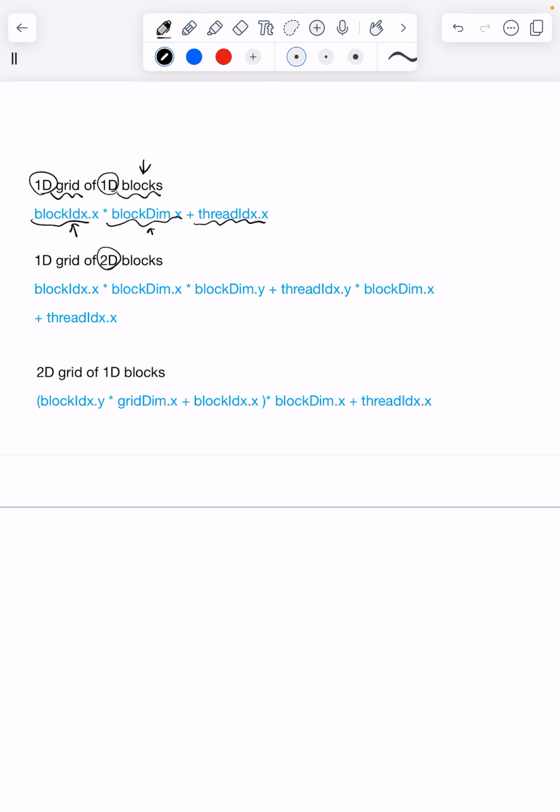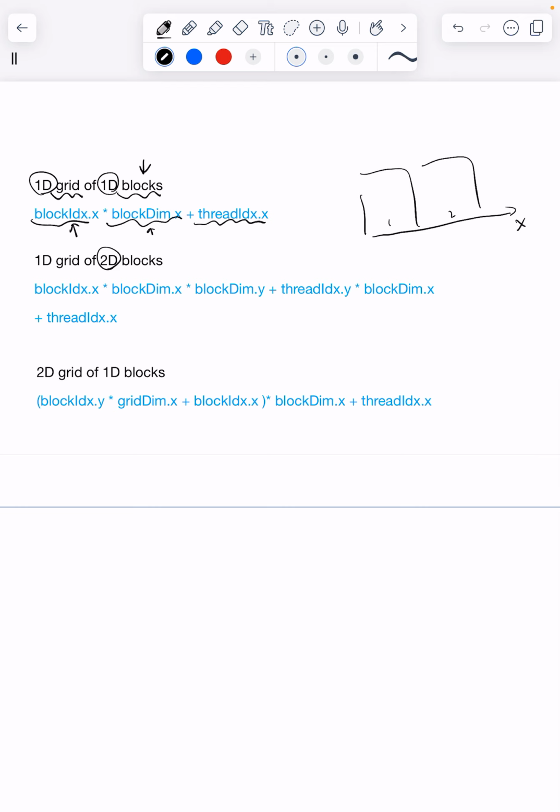Now let's start with the 1D grid of 2D blocks. So what is this? For a 1D grid, it means the grid only has one dimension, and 2D block, these are the blocks.